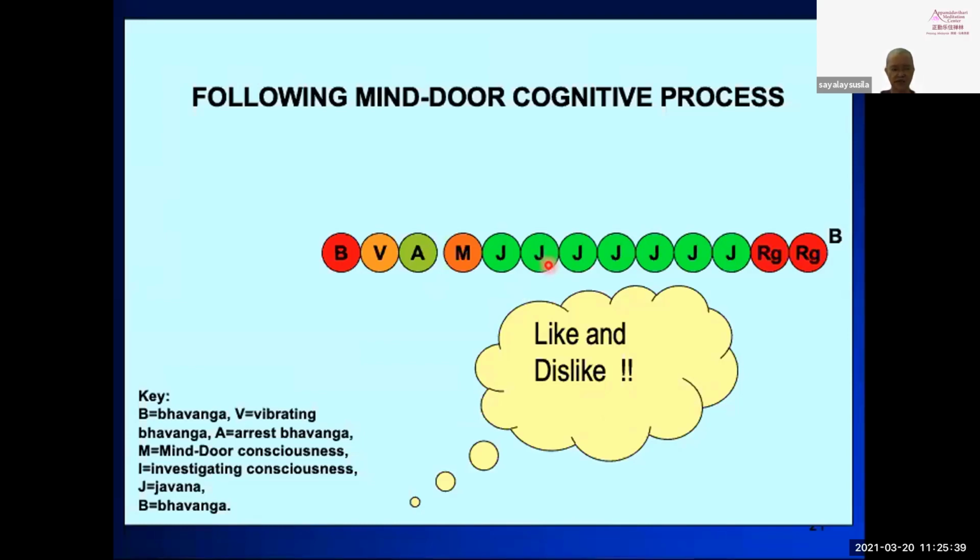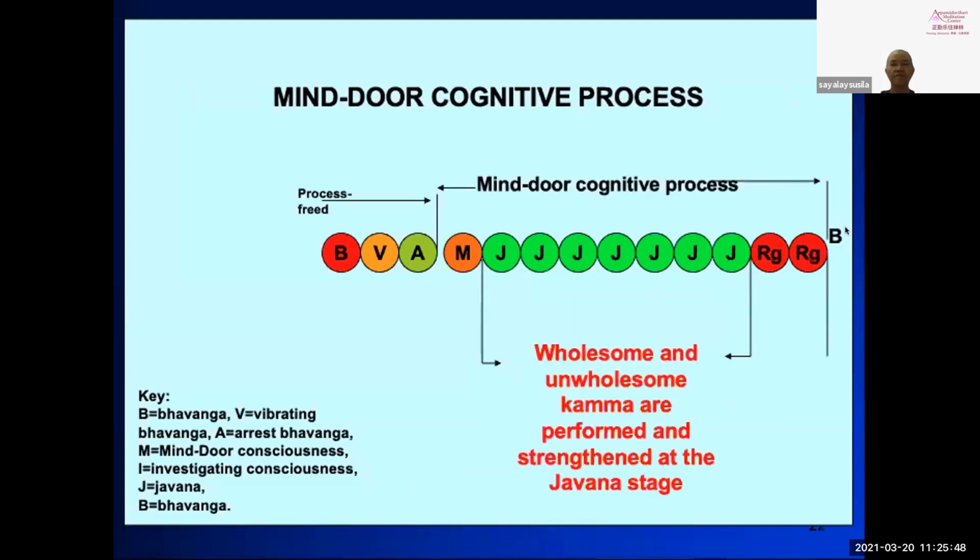So one consciousness accompanied by joy, associated with wrong view, prompted, will arise at the javana stage here, 7 times, one after another. One arises, gone, arises, gone, for 7 times.